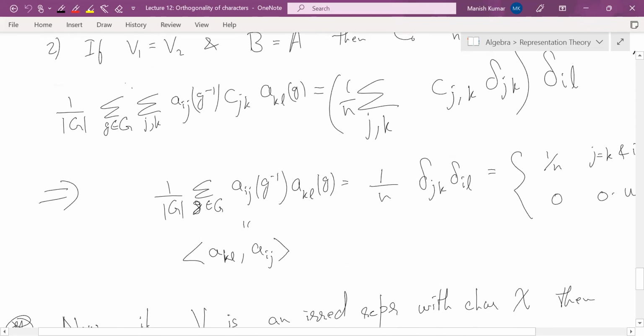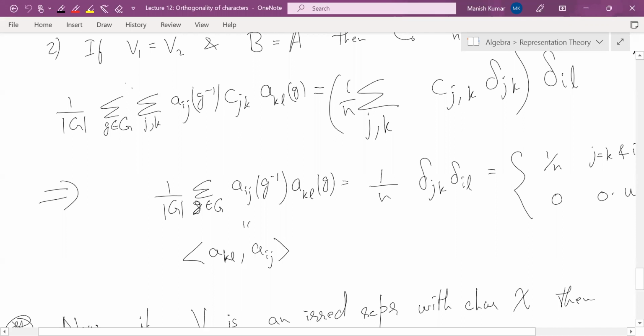And using the orthogonality relations, we also saw last time that we could decompose a representation uniquely as a sum of irreducible representations with some exact coefficients. So any representation V, we could write it as V1 power R1 up to Vn power Rn, where V1 to Vn are irreducible representations and R1 to Rn are some numbers.